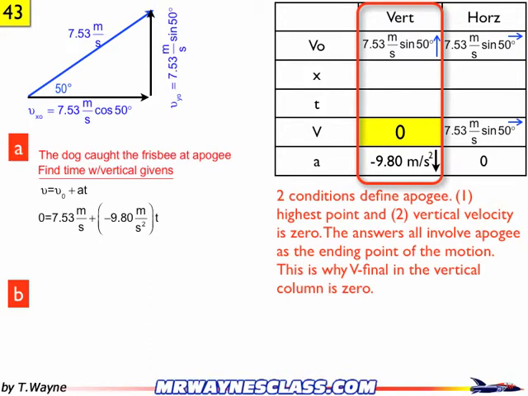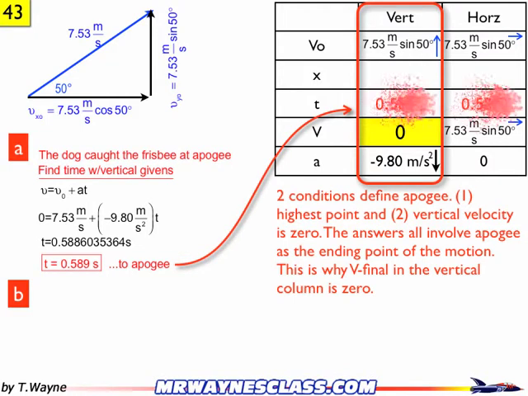Putting in my numbers from the table in the vertical column, 0, that's the velocity at apogee, is equal to 7.53 sine 50 meters per second plus negative 9.8 meters per second squared times t. Solving this for time, I get 0.5886 seconds. So basically 0.589 seconds to apogee. Just to organize my work, I'm going to go ahead and put this in the table so I can have it as a reference for later.